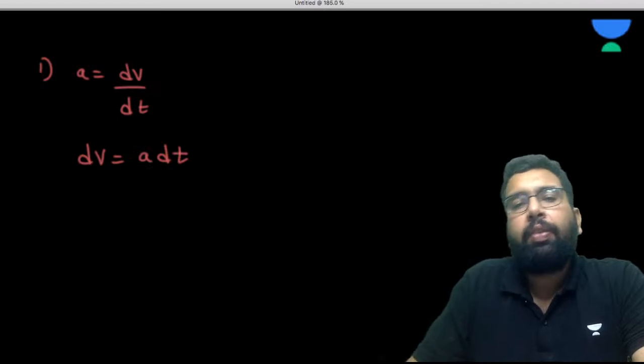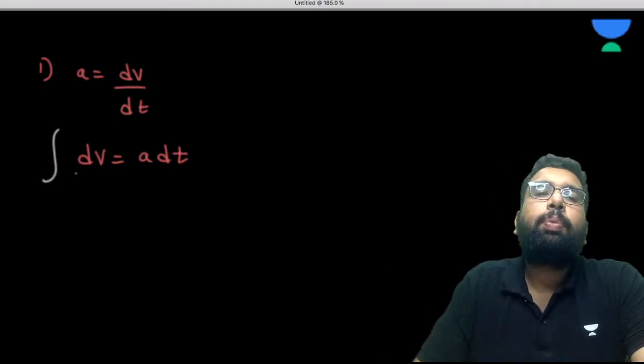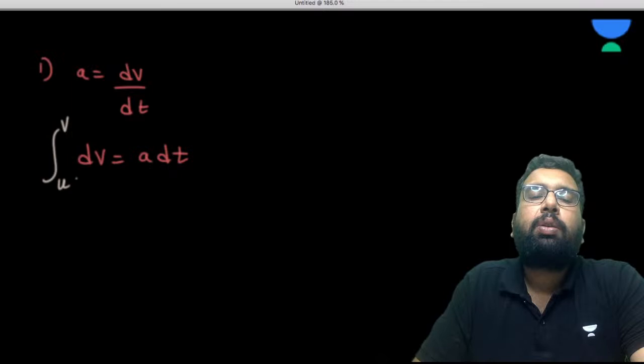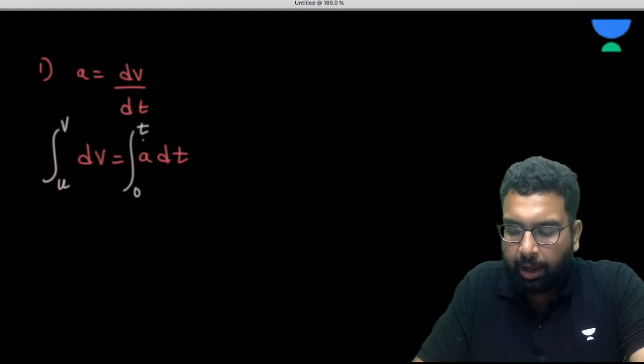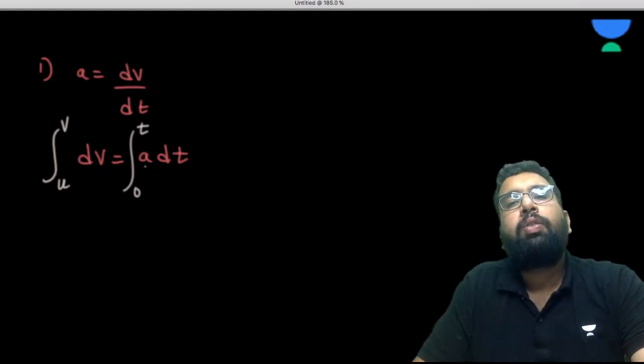Now, if I integrate it, suppose some motion started with initial velocity u and final velocity v. So this is to be integrated between limits u and v. Suppose the motion started at time 0 and reaches the final velocity at time t, so the right side is integrated from 0 to t.